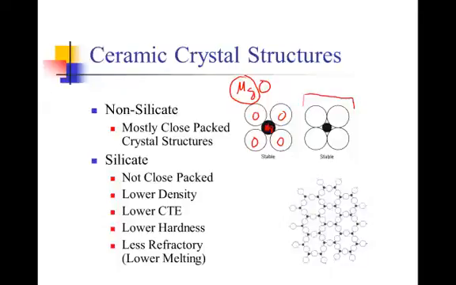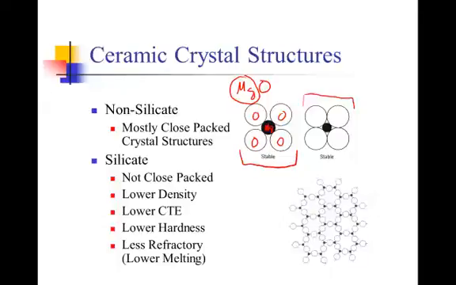And so this is a rare case for ceramic where the cation would be exactly the right size to fit in between the anions. The case on the left is more typical, where the cation is just a little bit too large to fit, and it squeezes in anyway, and it forces those anions to be slightly separated from each other. So the non-silicate structures are mostly close packed.